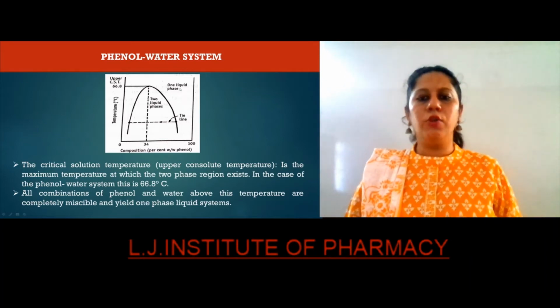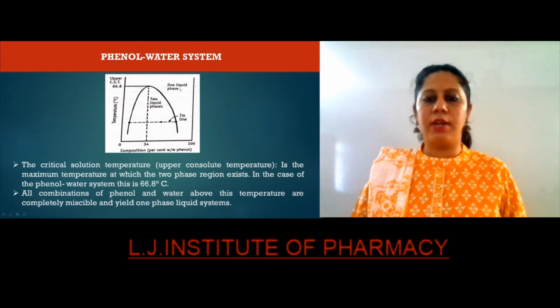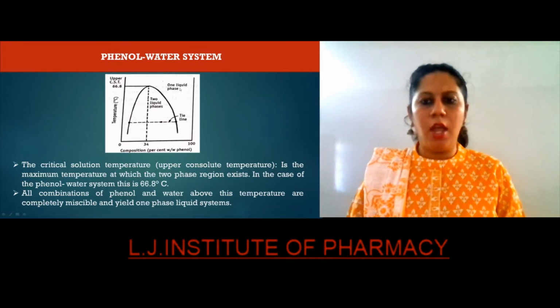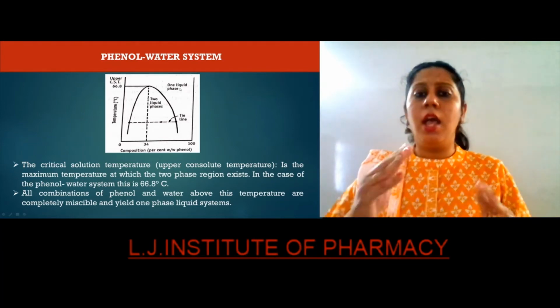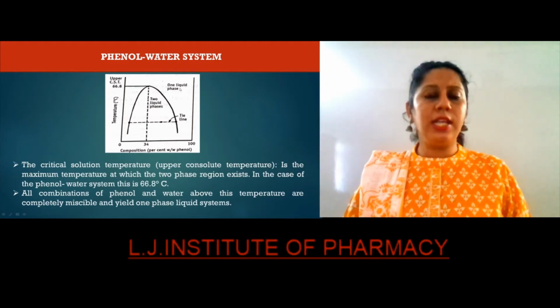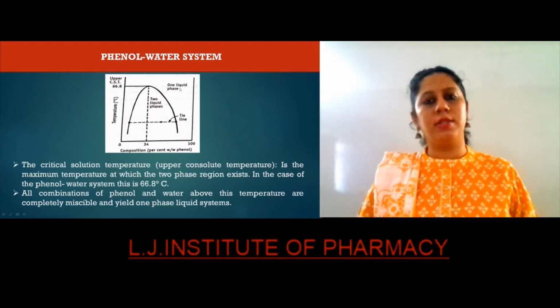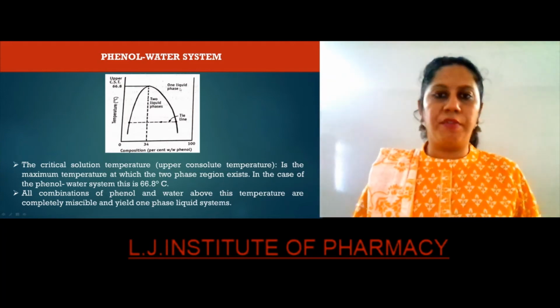The critical solution temperature or the upper consolute temperature is the maximum temperature at which the two phase region exists. In the case of phenol water system, it is 66.8 degrees Celsius, above which the phenol water system will exist as one phase. So while we are formulating phenol water system, we can choose the temperature above this in order to get one phase system.